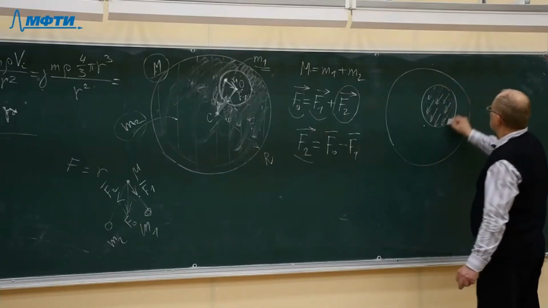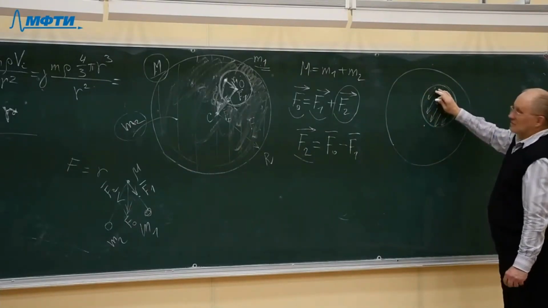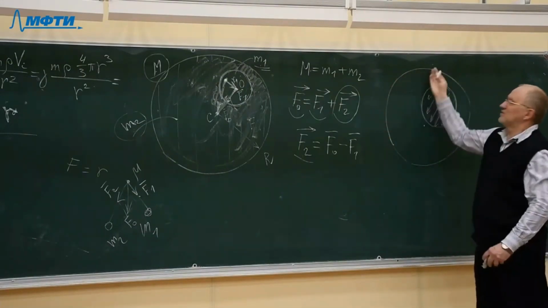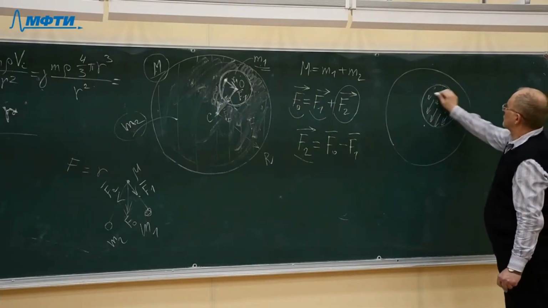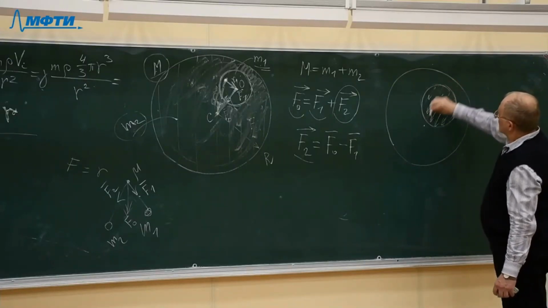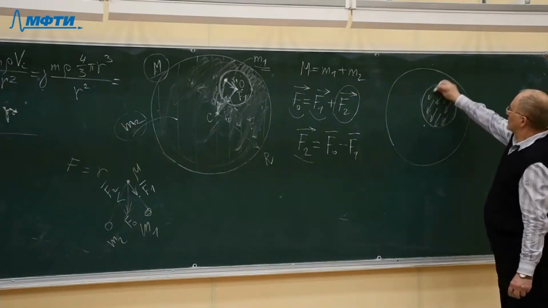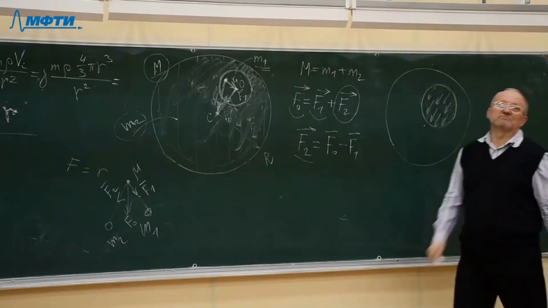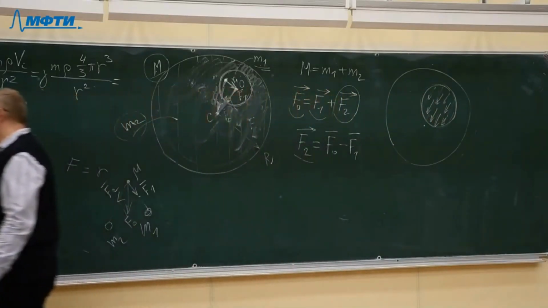So the gravitational field inside the spherical cavity, which is created inside the larger sphere uniformly filled with matter, will be a uniform field with all the forces absolutely identical, absolutely equal to one another in magnitude and in direction. That's it. That's the way of creating a uniform gravitational field.